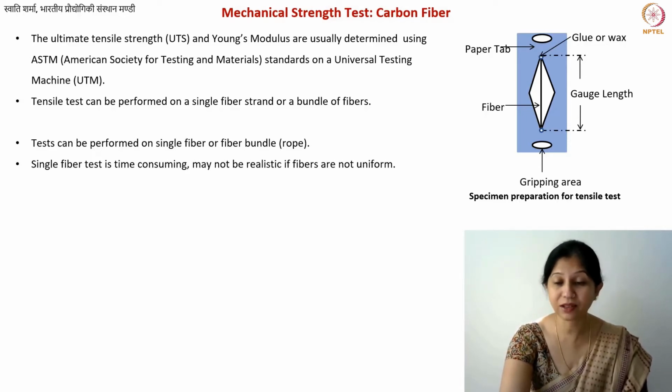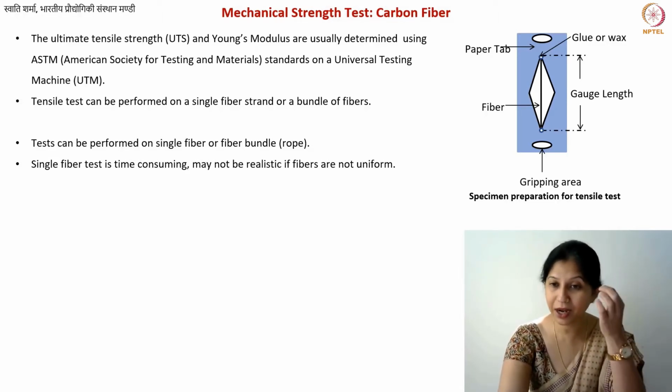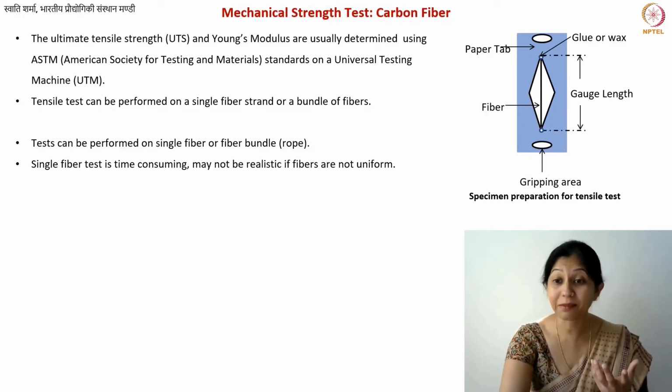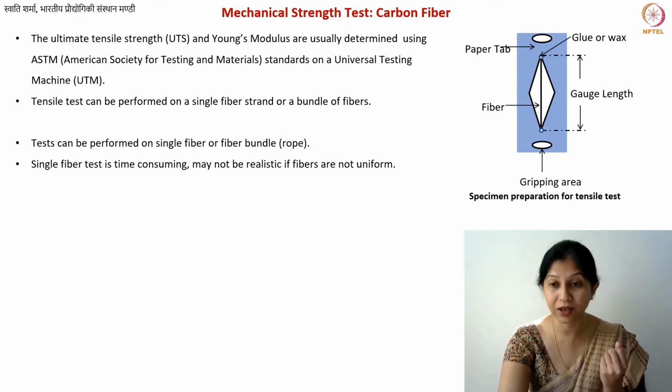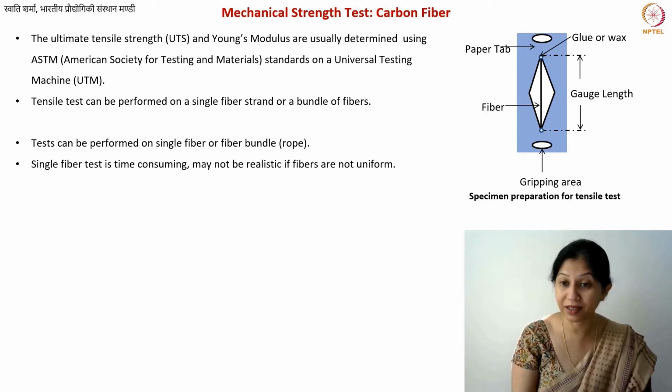In that case, you're using the melt spinning technique, and melt spinning gives you thicker fibers, but they are more uniform because they are coming out of the spinneret, and the capillaries in your spinneret are all of the same diameter. So you pretty much get fibers which are also more or less of the same diameter, but that may not happen in the case of electrospinning, because using the standard electrospinning technique, you know that you end up getting this range of diameters in your fiber.